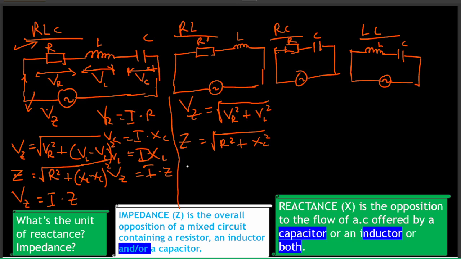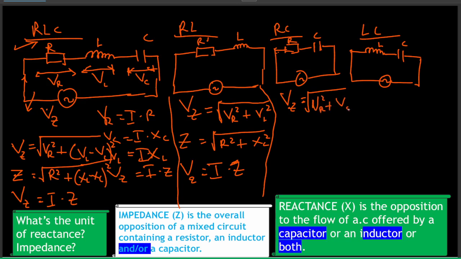And then, of course, from Ohm's law, VZ, just like we saw before, is I times the impedance. What if we come to this other circuit, RC? The same thing: VZ will be equal to the square root of VR squared plus VC squared.